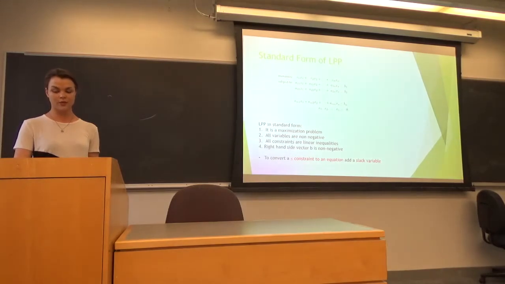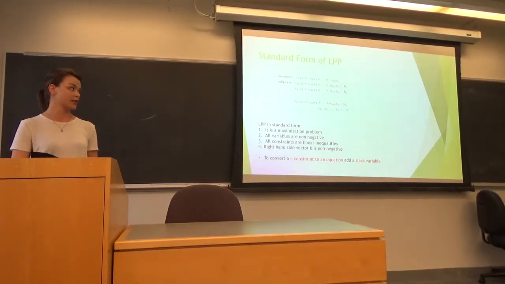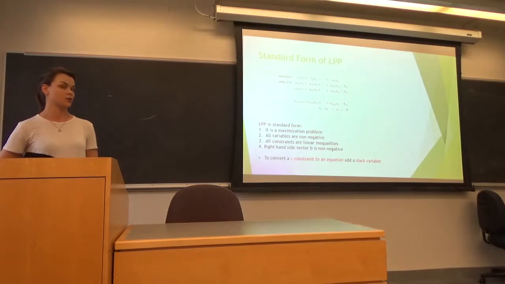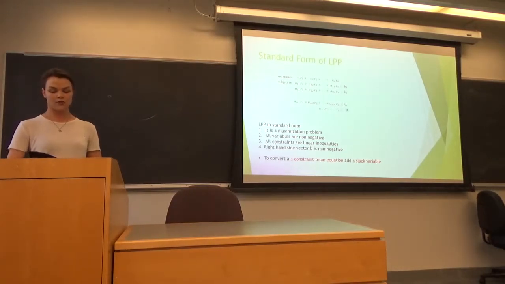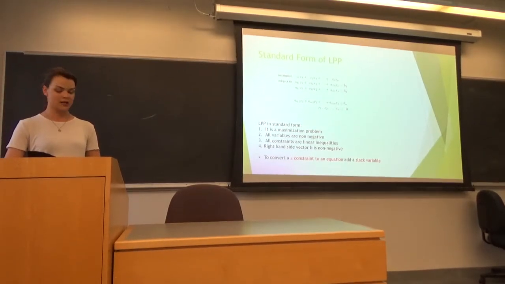So to begin with using the Simplex method, we first have to convert the standard form linear programming problem into canonical form, which just means that we're going to set the constraints equal to the right-hand side b vector. To do this, we add a slack variable. And basically, we're going to add one slack variable for each constraint, and it's just the amount of unused resource from the right side that we're adding to the left side.